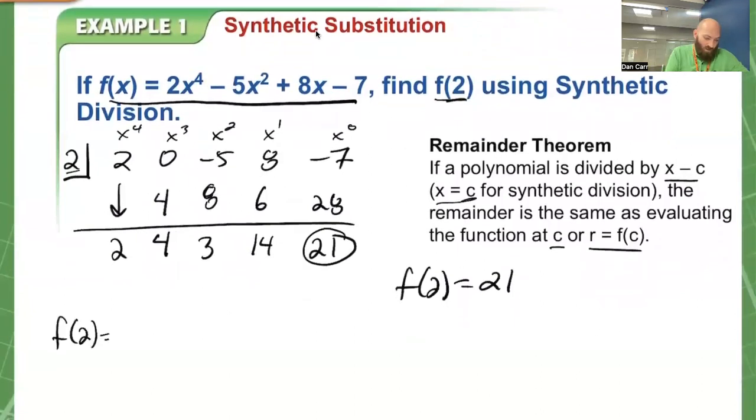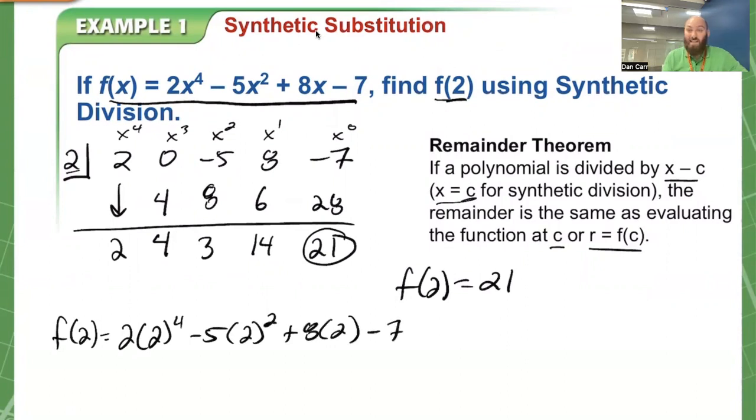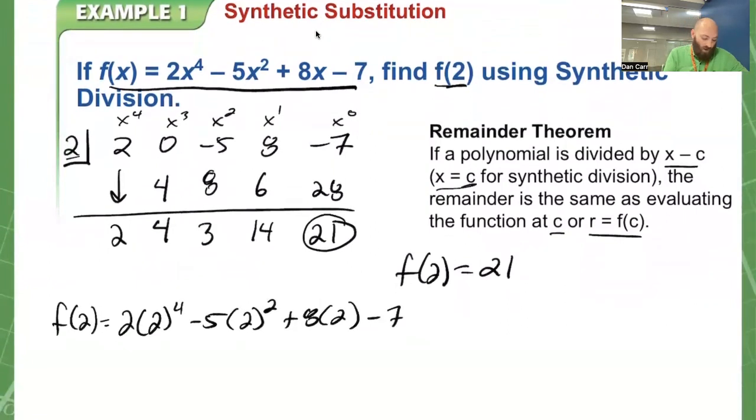So f of 2 is equal to 2 times 2 to the fourth, minus 5 times 2 squared, plus 8 times 2, minus 7. Okay, I'll just do it step by step so we can see each thing that happens. So 2 to the fourth is going to give me 16, times 2 is 32. 2 squared is 4, times 5 is 20. 8 times 2 is 16, and then -7.